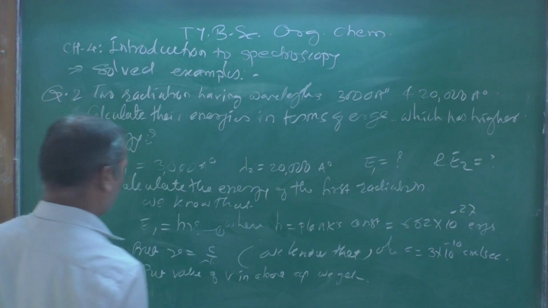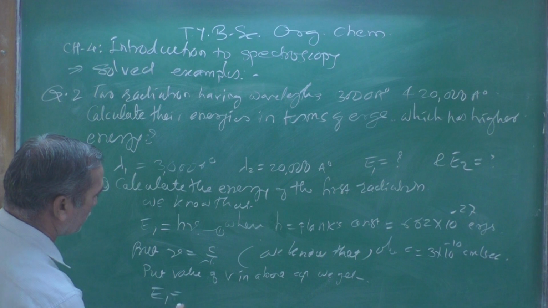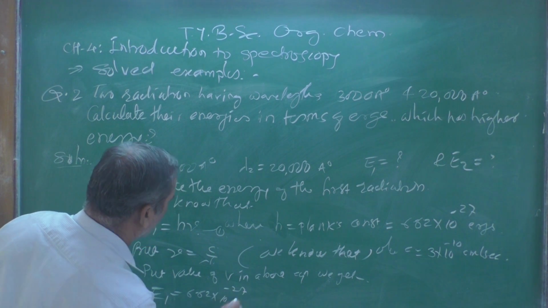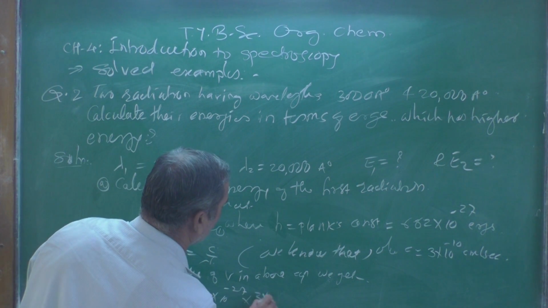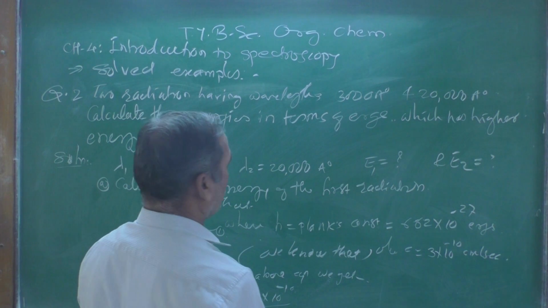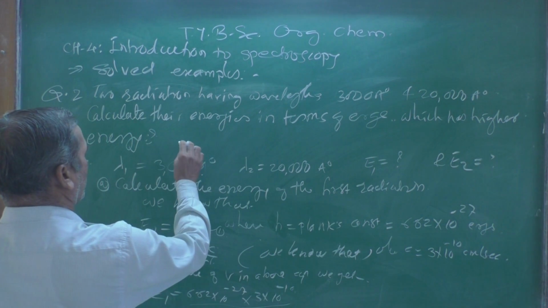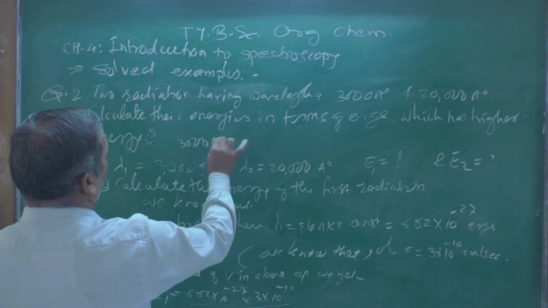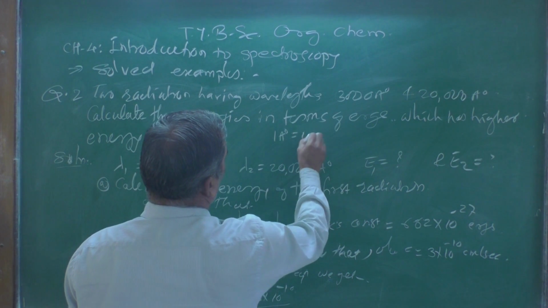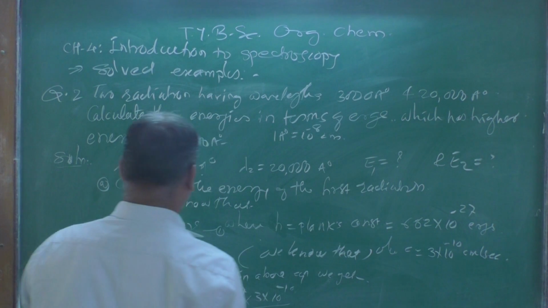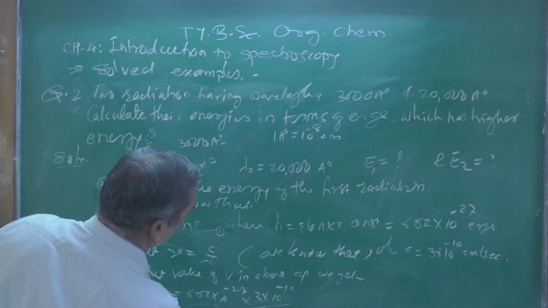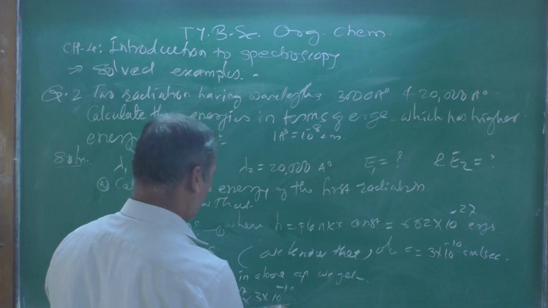We get, you substitute here, E1 is equal to h, 6.62 into 10 raised to minus 27, into C, 3 into 10 raised to 10, divided by lambda, where you convert this into centimeter. 3000 angstrom, and as we know 1 angstrom is nothing but 10 raised to minus 8 centimeter, and therefore here you can write 3000 into 10 raised to minus 8 centimeter.